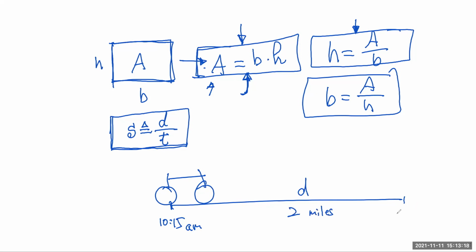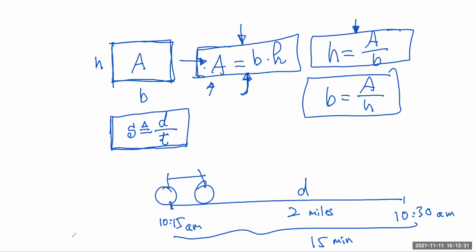And you check your watch again, and it's 10:30. That means the time you spent is 15 minutes, right? So then the speed is 2 miles over 15 minutes.